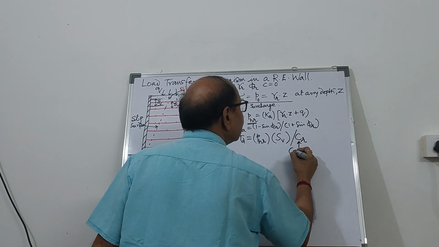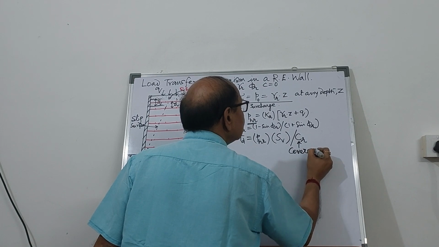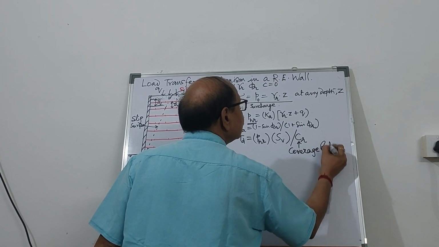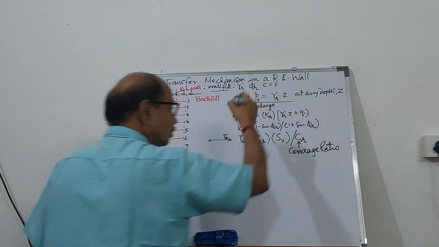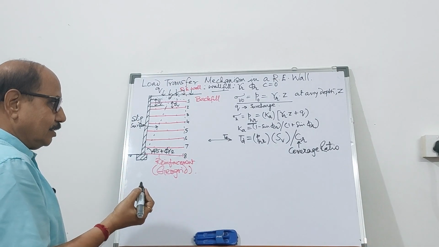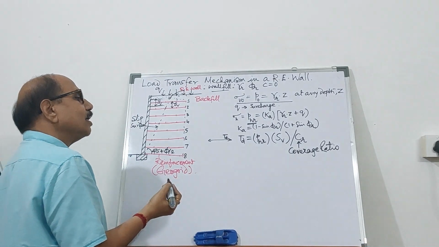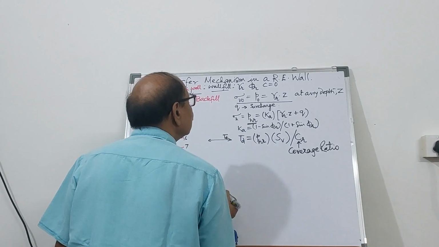CR is called coverage ratio. By geogrid, how much ground is being covered, so coverage ratio.